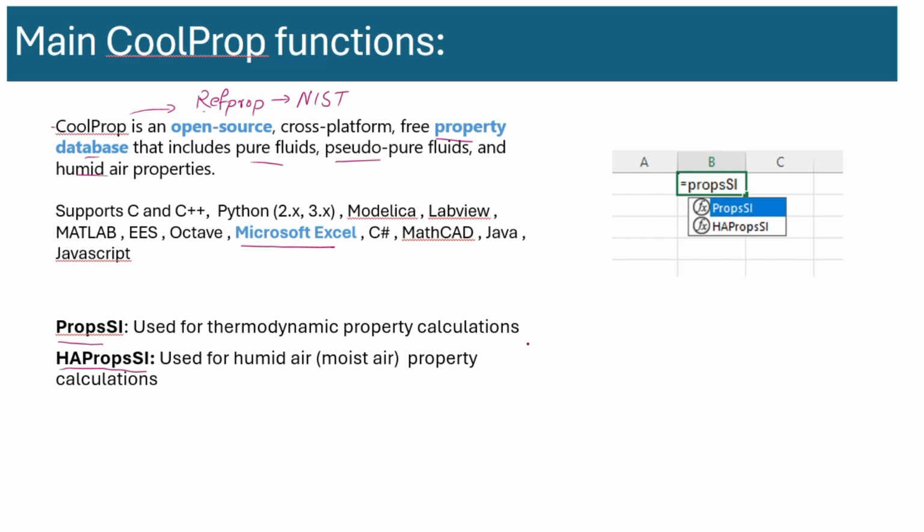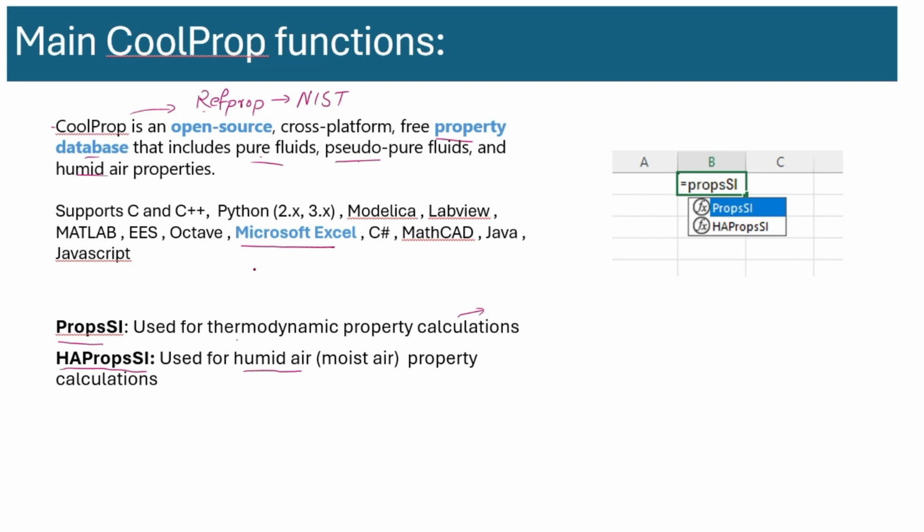Okay, PropsSI is primarily used for thermodynamic property calculations of pure fluids, pseudo pure fluids, and humid air. And HAPropsSI is primarily used for humid air, and sometimes you could achieve the same goal with using either of them, especially when it comes to humidity related problems.